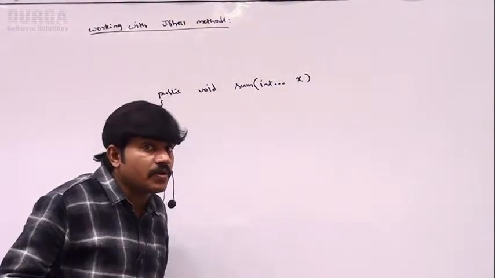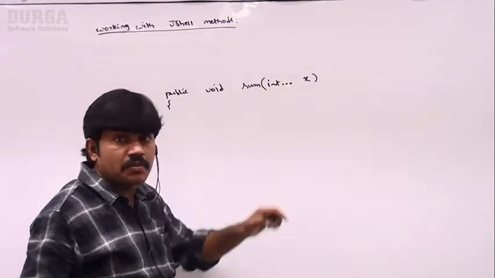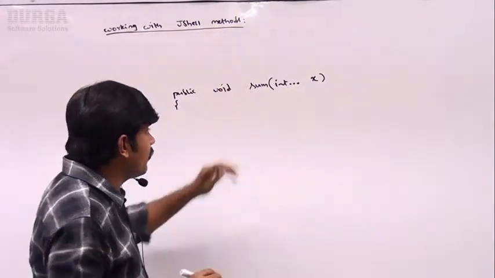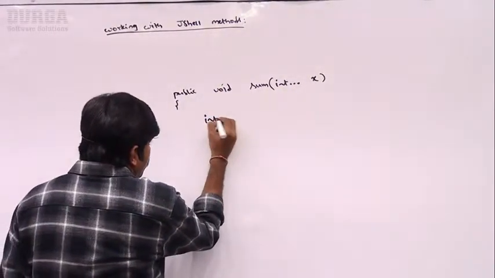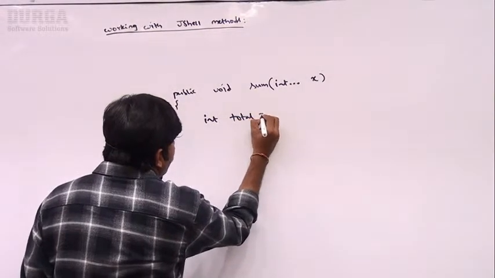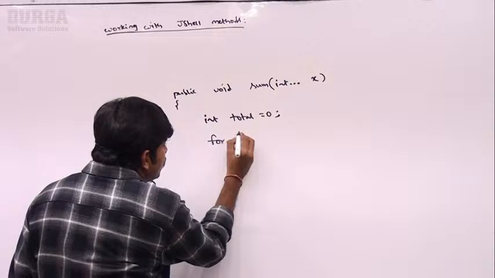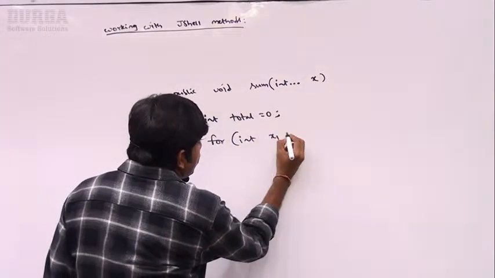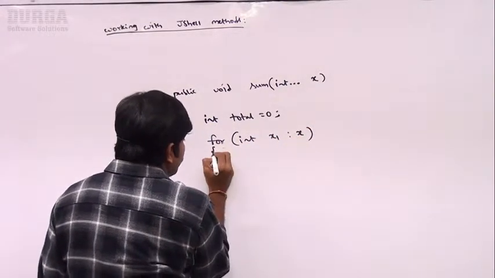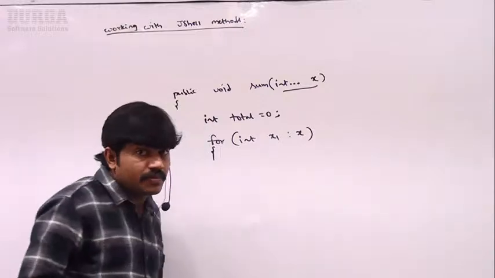Sir, this is nothing but a vararg method. Any number of int values. Now, int total is equal to 0. For each int value x1 in x, because internally it is a one dimensional array.